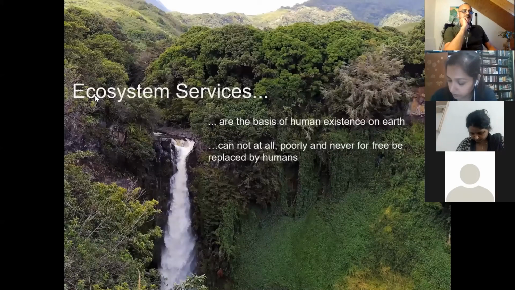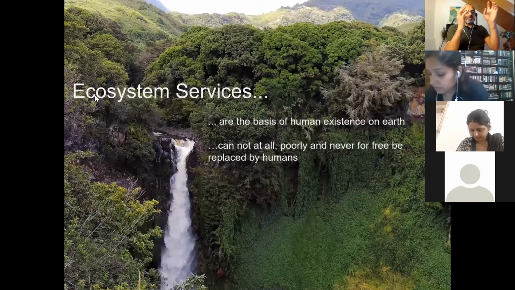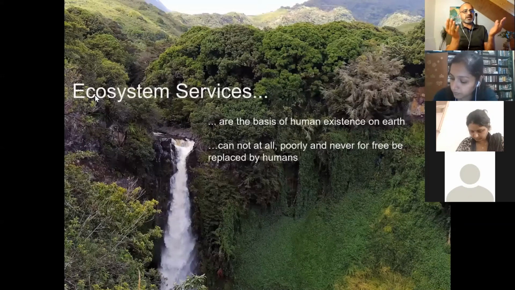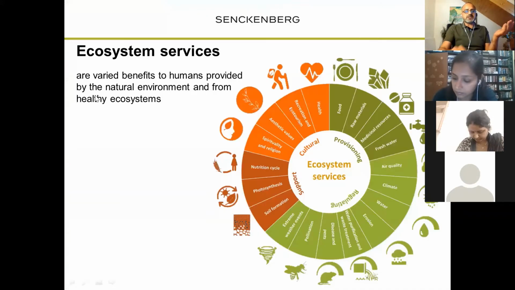Then, as I said, biodiversity basically supports the ecosystem, and the ecosystem gives a variety of benefits that we generally call ecosystem services. There is a variety of these services. They can be provisioning services, which provide food, raw material, medical resources, or fresh water.